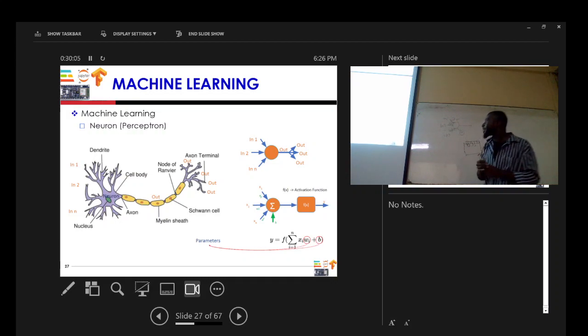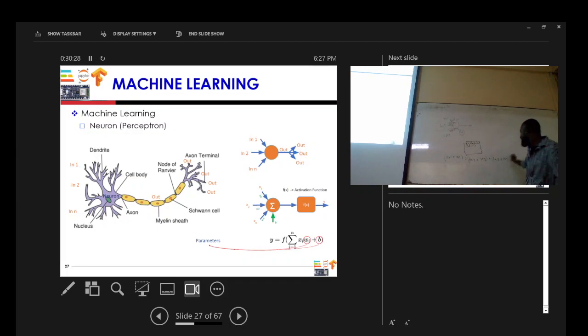What it does is that each neuron takes its input. It takes input one and times it by weight one, and then it takes input two and times it by weight two, and then input three times weight three.